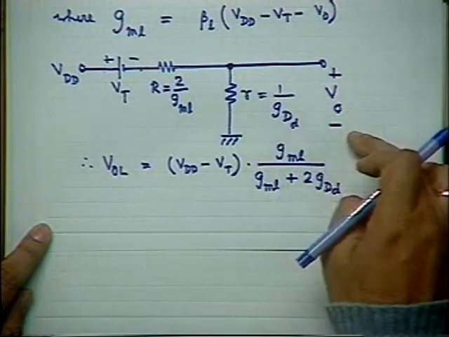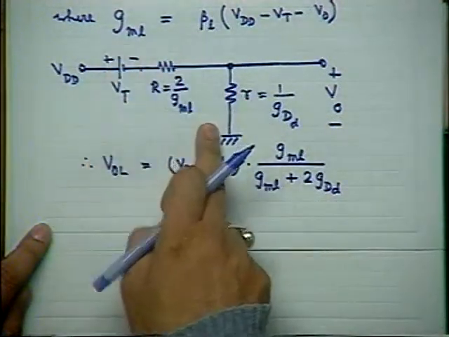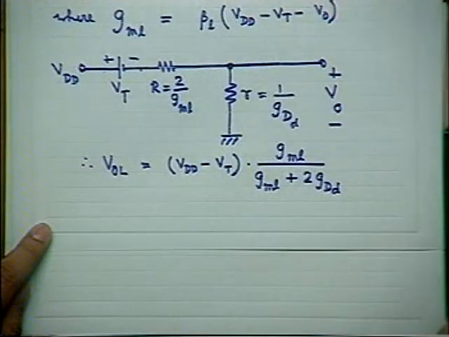VO is simply equal to VDD minus VT divided by this plus this, into this potential drop, and which simplifies to this.